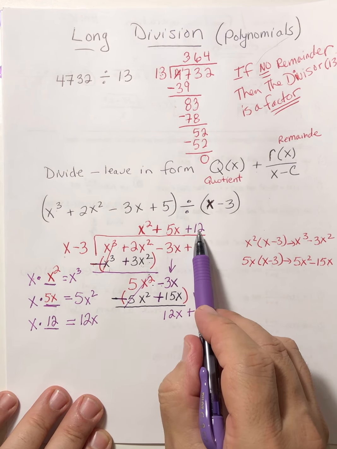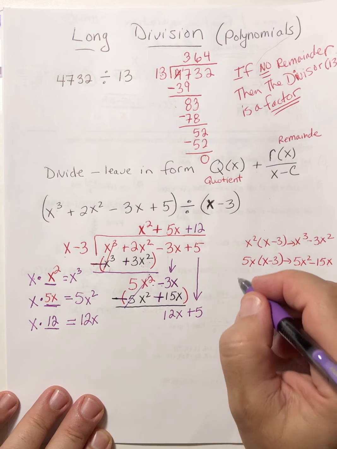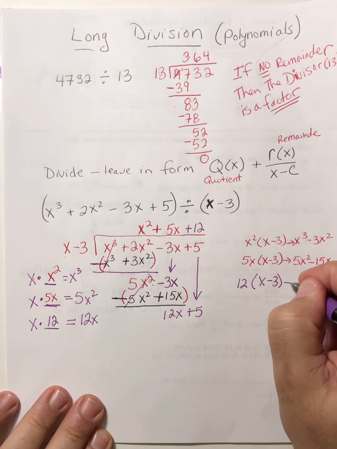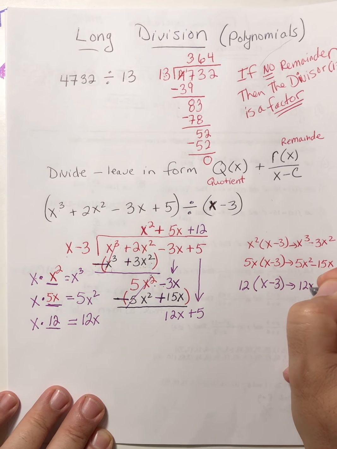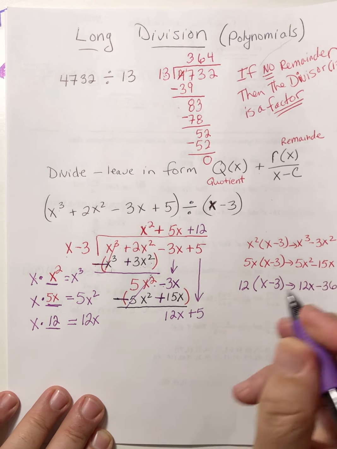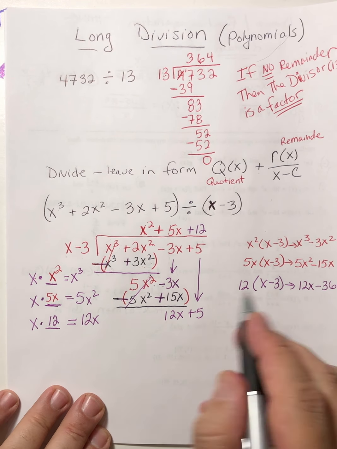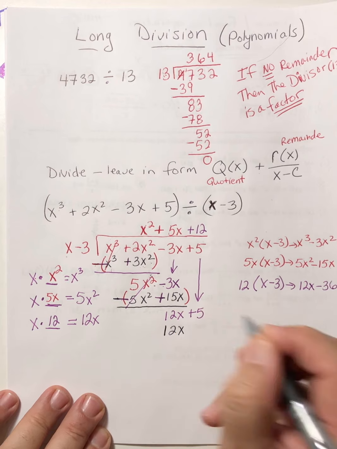And so now it's 12 times this quantity. So we have 12x minus 36. So I want to put this 12x minus 36 under here.